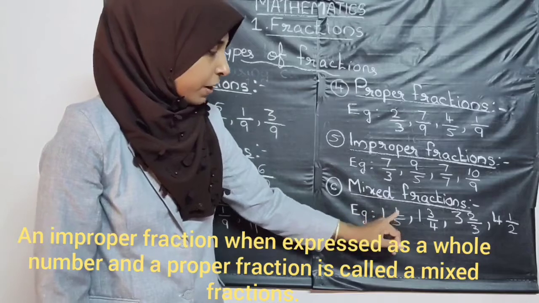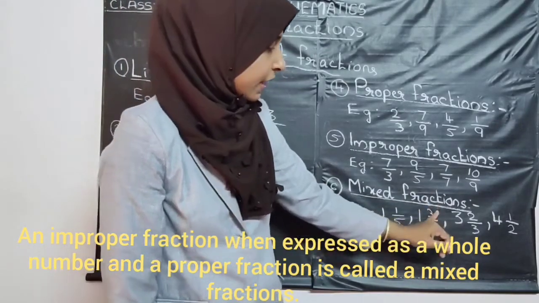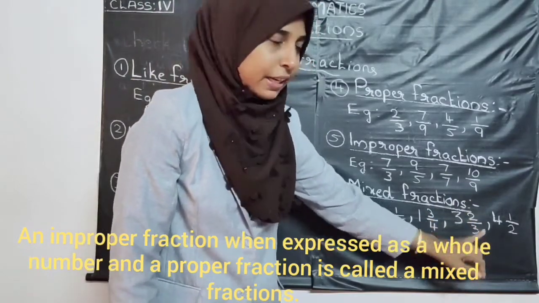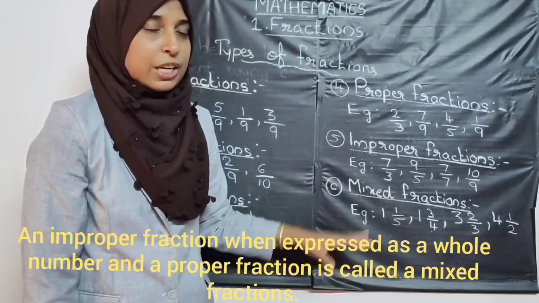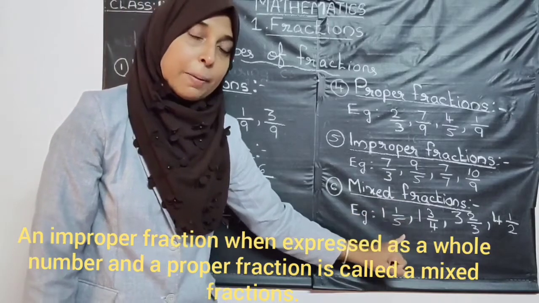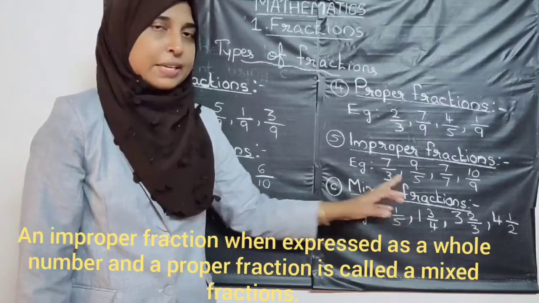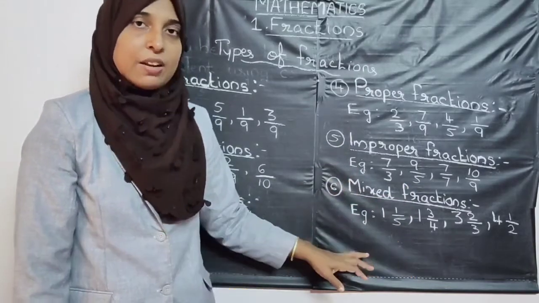Examples are 1 1/5, 1 3/4. Here 1 is a whole number and 3/4 is a proper fraction. 3 2/3 and 4 1/2. An improper fraction expressed as a whole number and a proper fraction is called a mixed fraction, and a mixed fraction is always greater than 1.